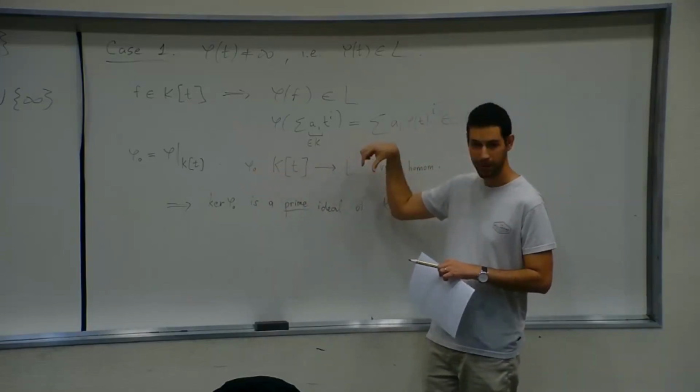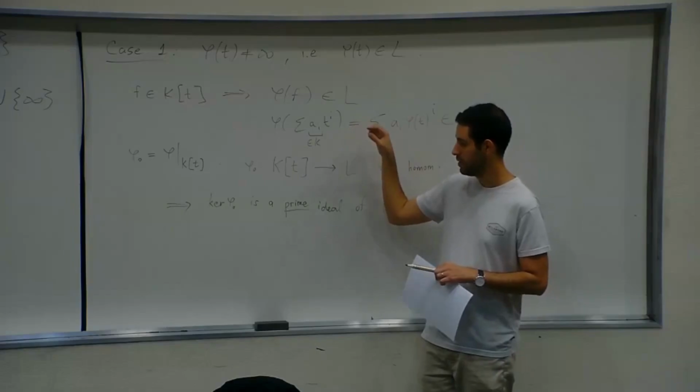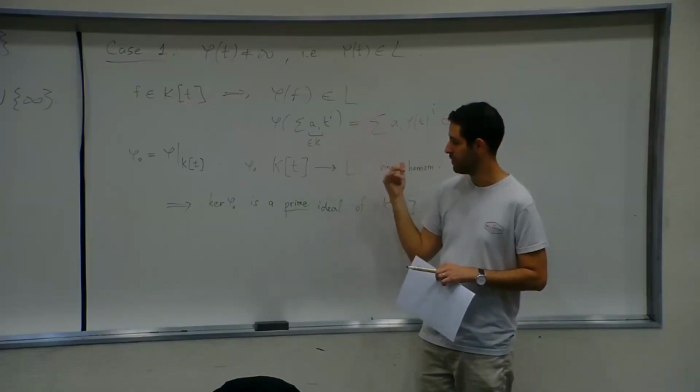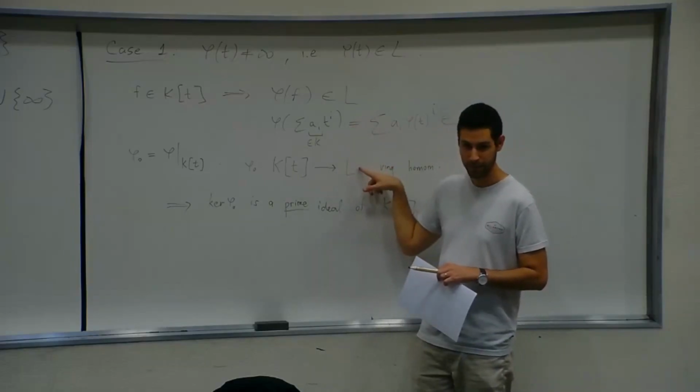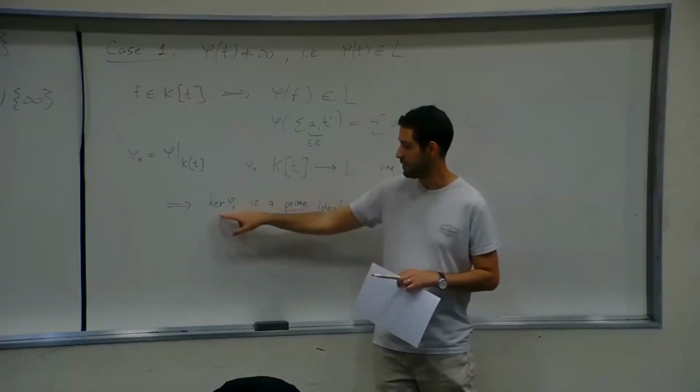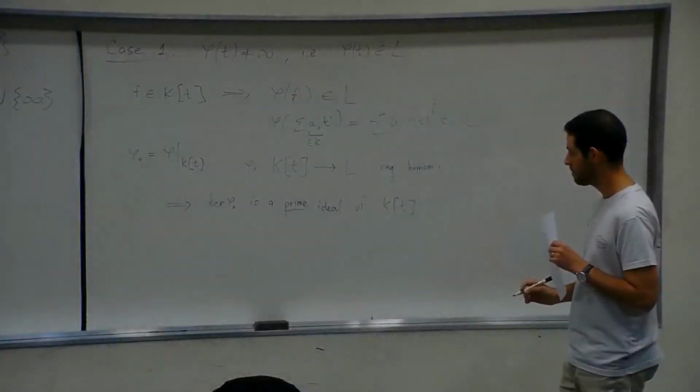So phi f times phi g is 0. So phi f is 0 or phi g is 0 because this is a field, there are no zero divisors. So f is in the kernel or g is in the kernel. So it is prime.